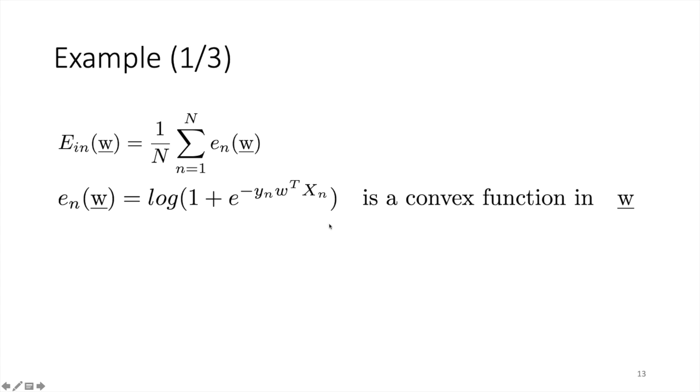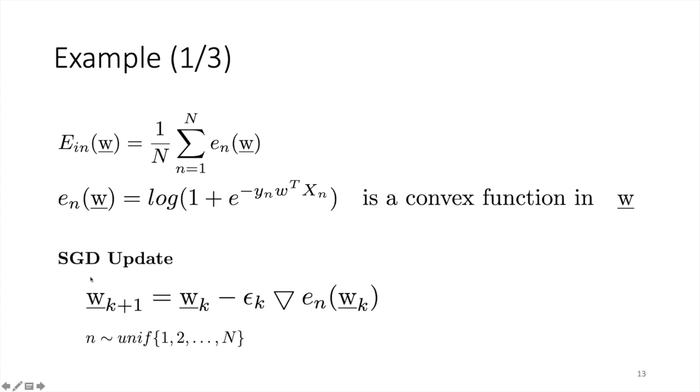And in the case of logistic regression, each of the pointwise losses of your vector w is equal to the log loss, log(1 + e^(-y_n w^T x_n)), okay? And we mentioned that this is a convex function in w, right? So let's see how we're going to find the exact SGD update for logistic regression.